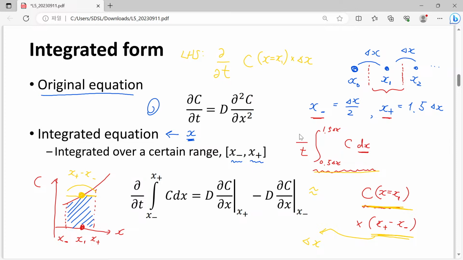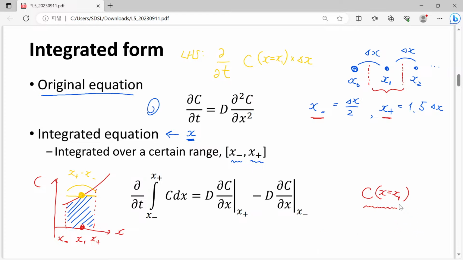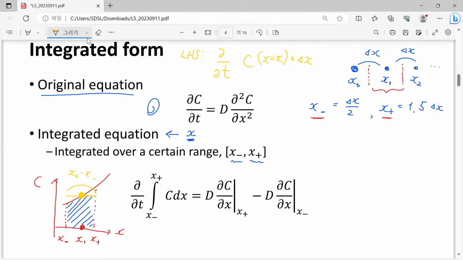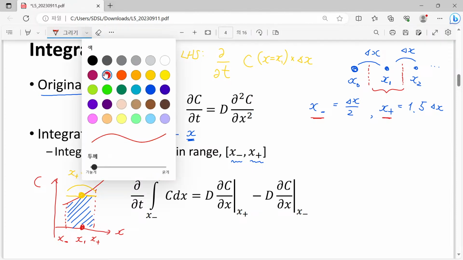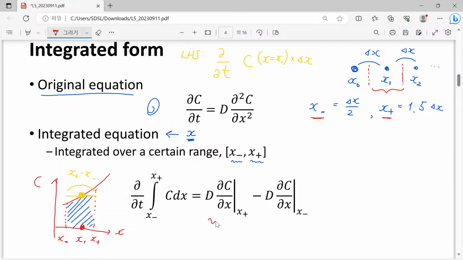Now, if you are happy with this one, then let me move to the right hand side, and it was integrated over a small range centered at x equal to x1. Now we have to calculate this quantity, round c over round x, evaluated at x positive. What is x positive in this case? This is the midpoint between x1 and x2.